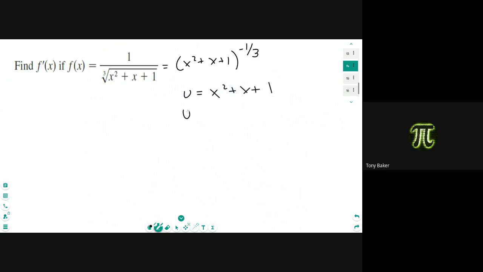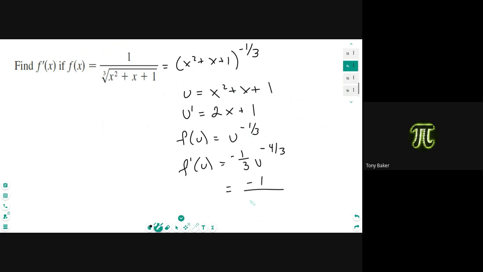So that's u. u prime is 2x plus 1. f of u is u to the negative 1/3. f prime of u is negative 1/3 u to the negative 4/3. Which, if you want, you can change this to negative 1 over 3u to the positive 4/3.